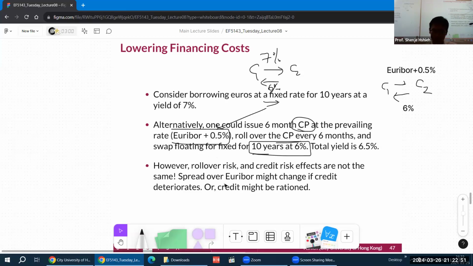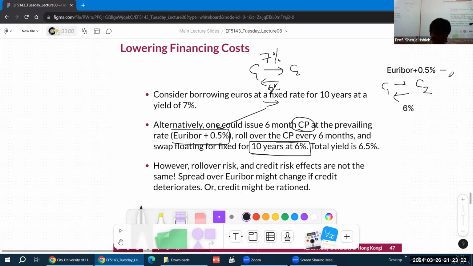Oh, sorry, one more. The swap is floating for fixed, so actually there's a minus here. You're still giving out.